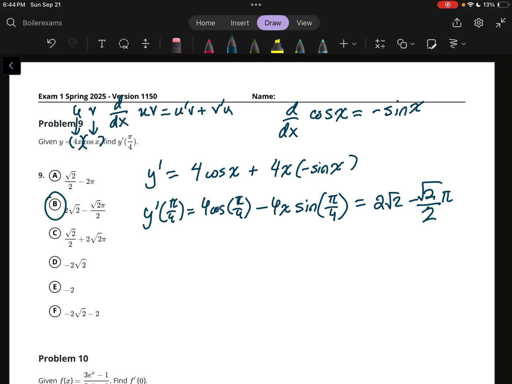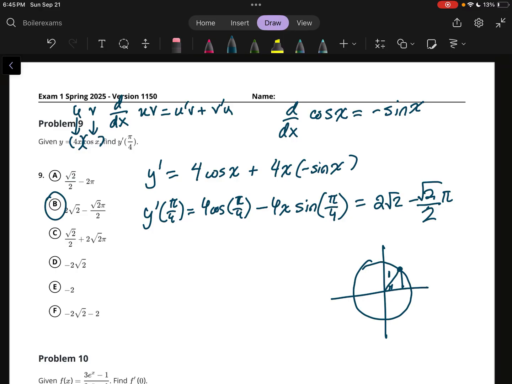But if you don't, what you can do is draw out the unit circle, and pi over 4 is basically right over here, and that's where x and y are equal to each other.